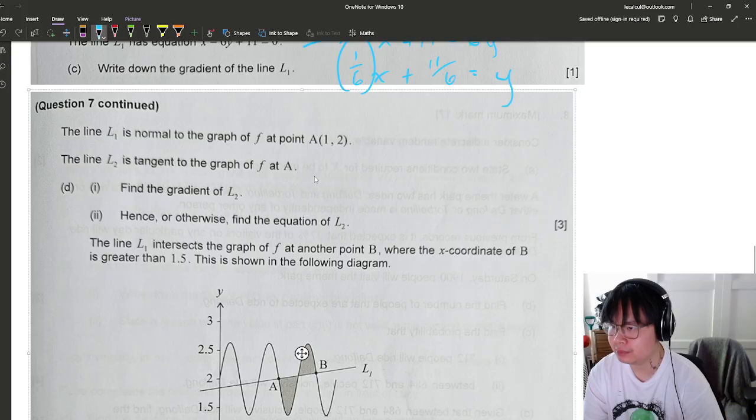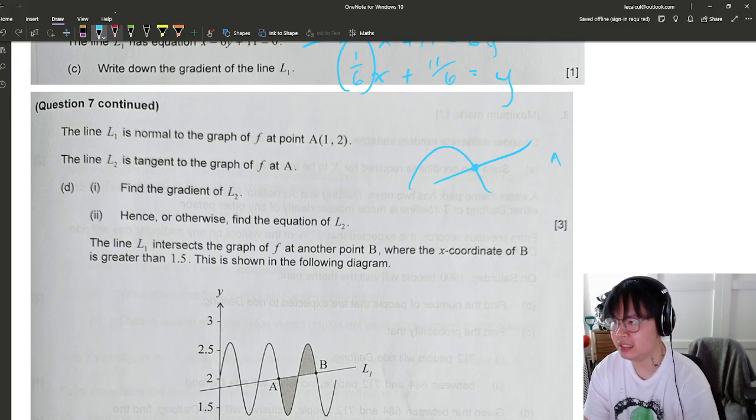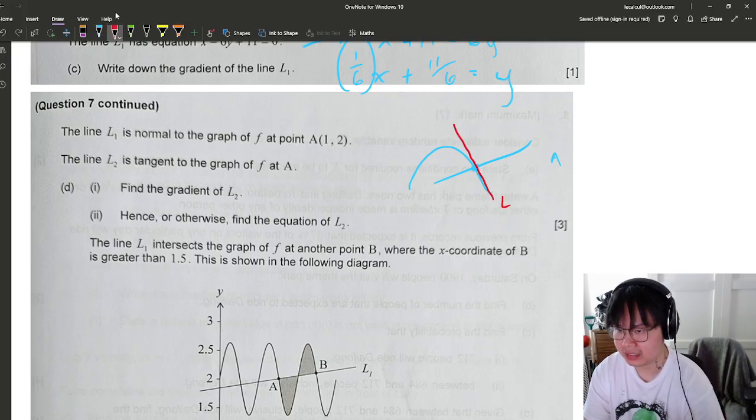Okay, let's say this is point A. Line 1 is normal, which means perpendicular to the tangent line. So here's L2, and this one's L1.